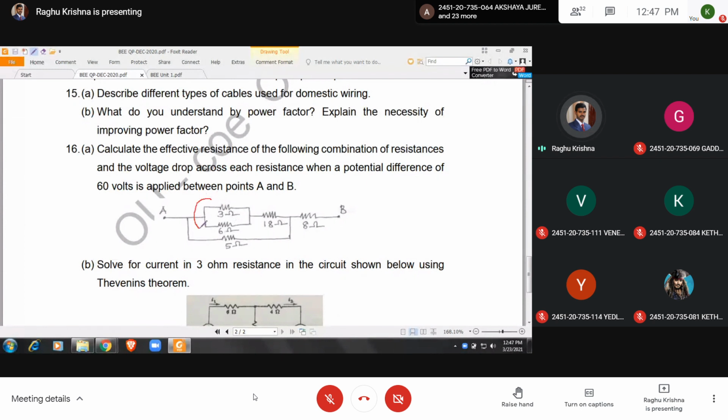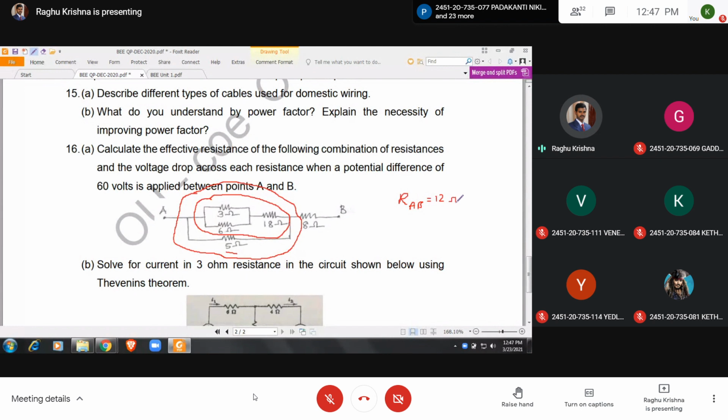So this combination is in parallel with 5 ohms, and this entire combination is in series with 8 ohms. The answer is 12 ohms. RAB, the resistance across the terminals A and B, is 12 ohms.